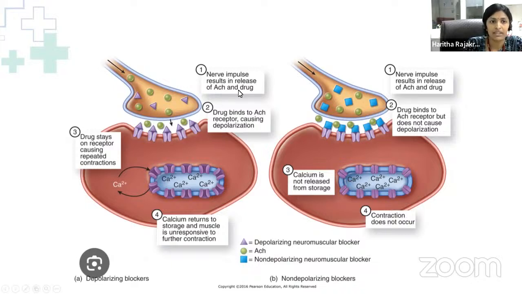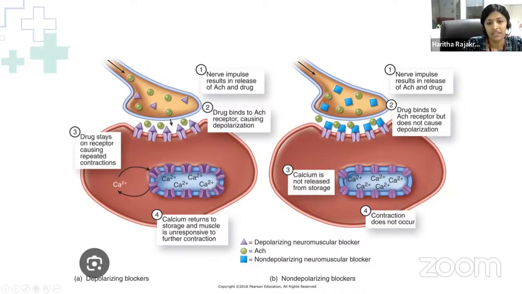The drug binds to the acetylcholine receptor and causes depolarization, which is something even acetylcholine does. The drug stays on the receptor and causes repeated contractions. So the calcium returns to storage and the muscle is unresponsive to further contraction. There will be some extent of contraction going on. One example of a depolarizing blocker is succinylcholine.